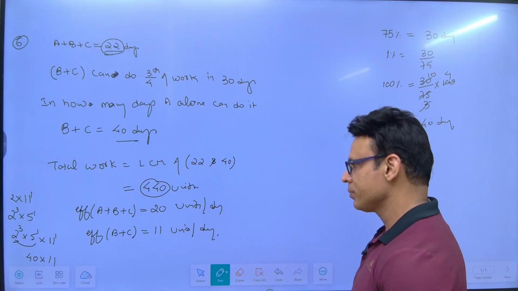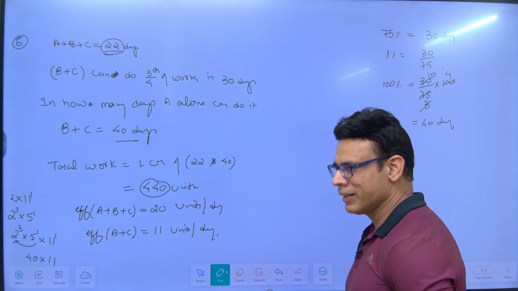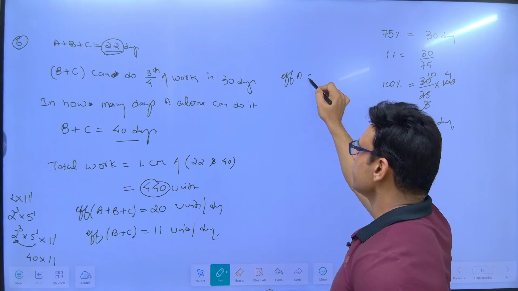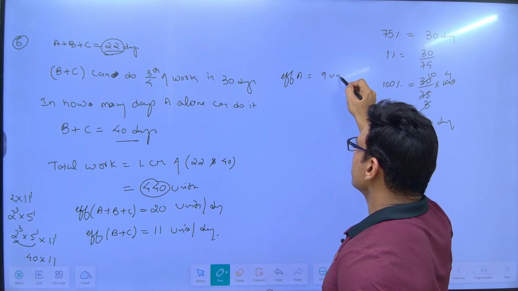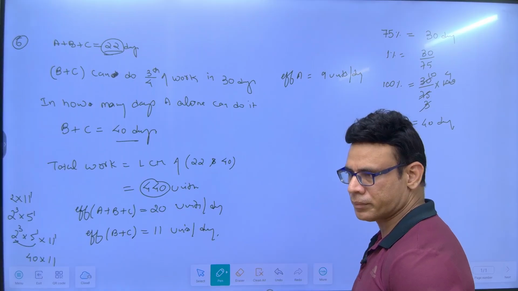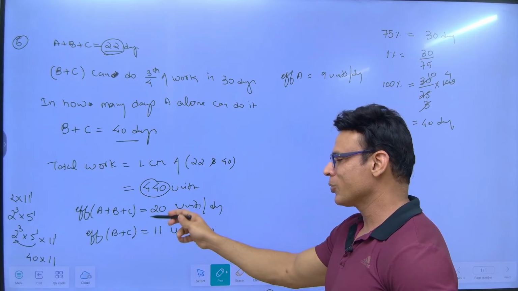Understood? A plus B plus C is 20 and B plus C is 11. What is the efficiency of A? 9 units per day, or not? A plus B plus C is 20, B plus C is 11, so A will be 9, or not?